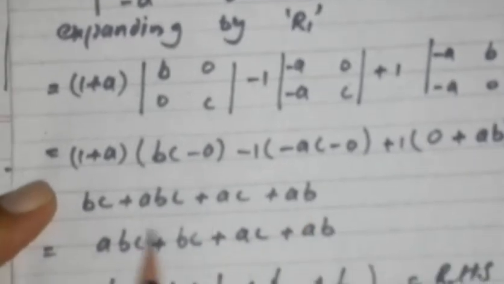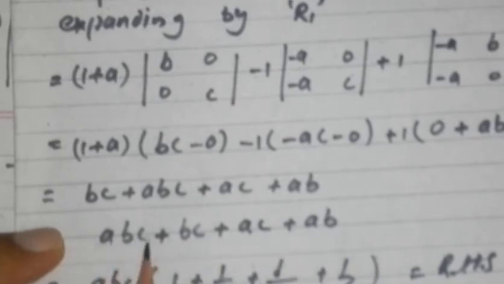Now 1 minus a into 0, we get 0, and minus a into b, we get plus ab. Now multiply this, we get bc, here abc, and minus into minus, here plus ac and plus ab. Now arrange it. A plus b plus c, bc, ac, and ab.